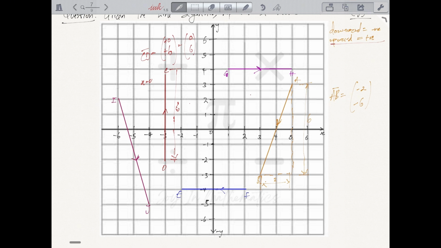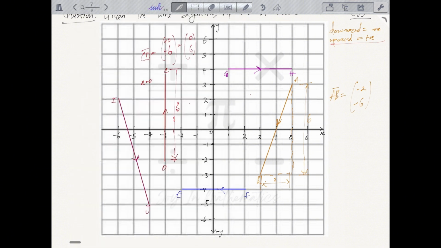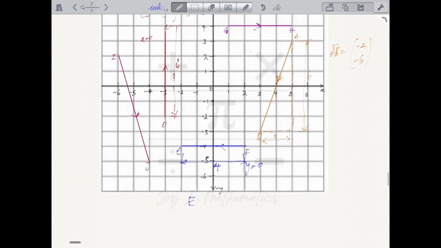Let's move to vector EF. Vector EF has a y component of 0 because it is moving horizontally, and the x component is 4. So vector EF has 4 units on the x and 0 on the y, and it is moving in what direction?